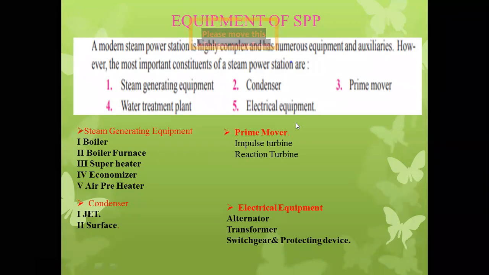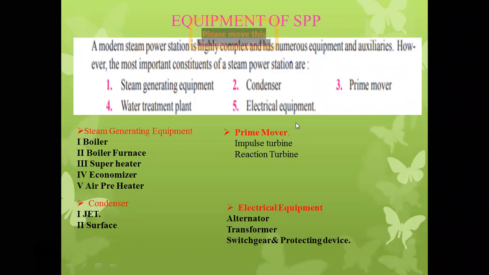Yes, fixed blades act as a nozzle. And moving blades, whenever the water comes inside the moving blade, it is going to expand and spray on the blade, which causes the change in momentum of the water inside the fixed blade and moving blade, which results in rotation of the turbine shaft.